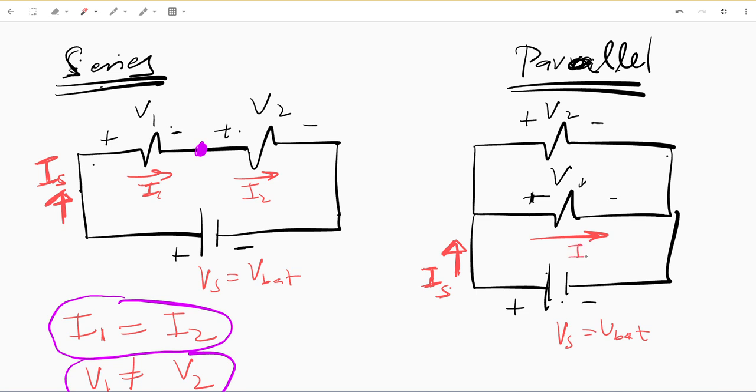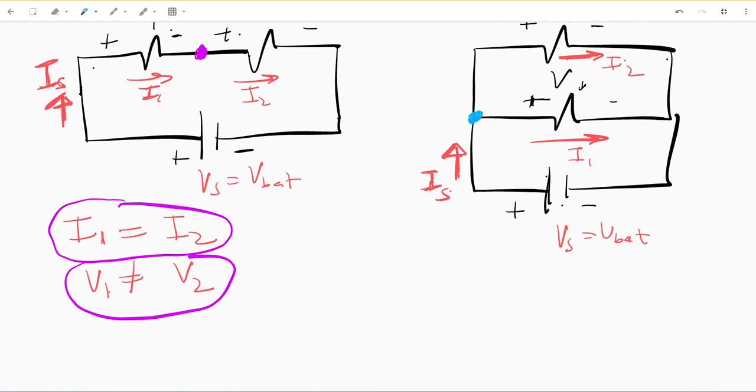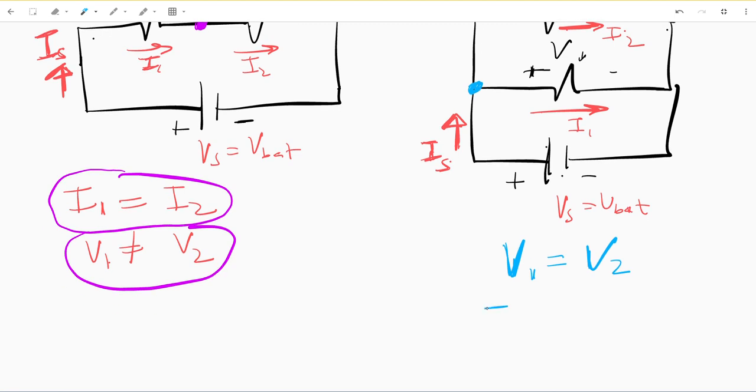The current flowing through here is I1, and the current flowing through here is I2. And the idea is now, in an extraordinary node situation, located right here, the voltages V1 equals V2, and the currents I1 is not equal to I2.